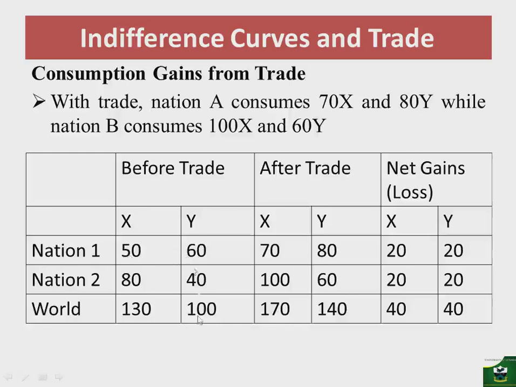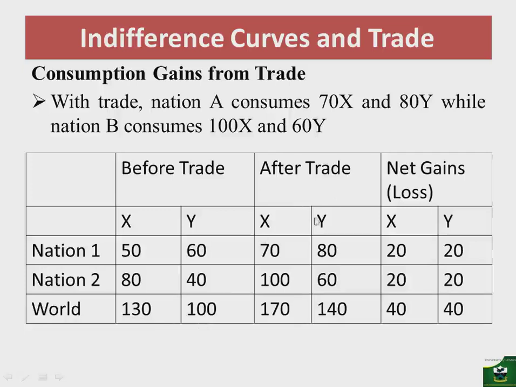So if you compare these two columns, you will see that they are the same production volumes before specialization. And therefore, because a nation will consume what it has produced in autarky, the production levels will be equal to the consumption levels. So we have 130 consumed of X for both nation 1 and 2, and 100 of Y.